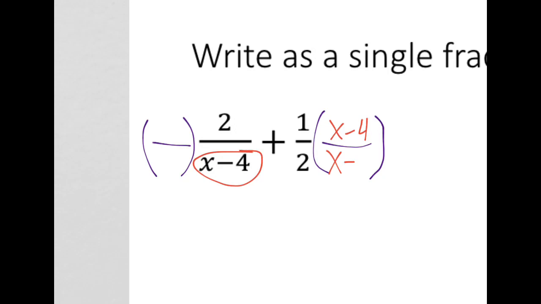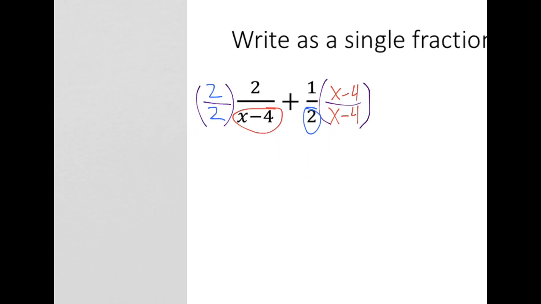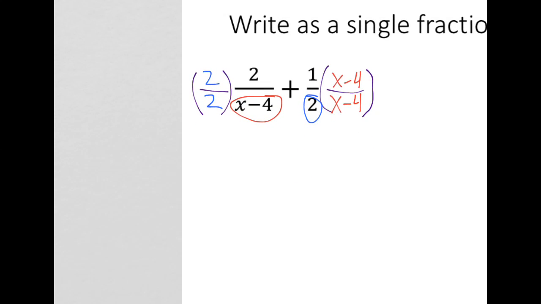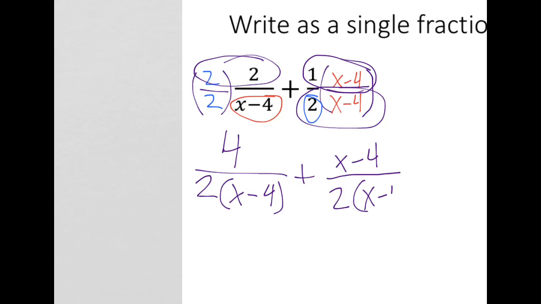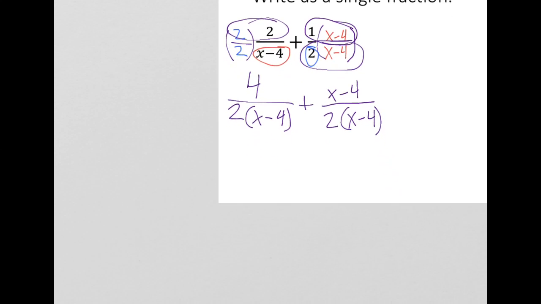So x minus 4 over x minus 4, and then let's take the 2 for this fraction, and now let's go ahead and multiply. 2 times 2 is 4 over, and I'm just going to leave this as 2 times x minus 4, plus 1 times x minus 4, well, that's just x minus 4 over 2 times x minus 4. Again, I'm just going to leave it as 2 times x minus 4 and simplify this further.